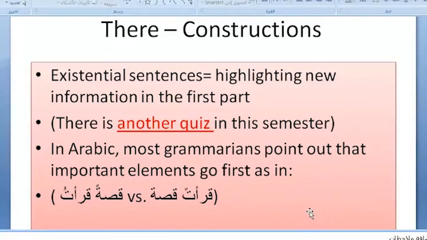But there is a difference in the point of focus. When I start with قصة, it means I want to emphasize it.